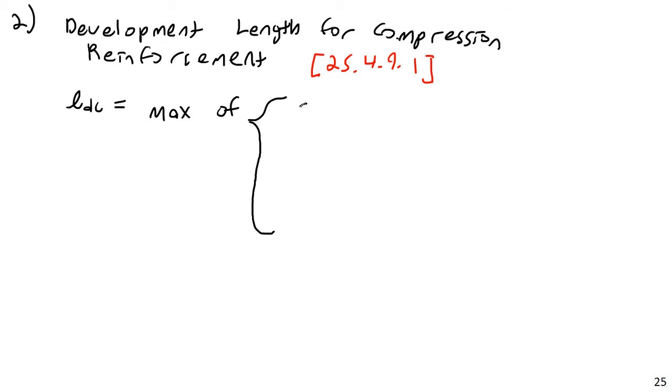The max of 8 inches, and then Fy times psi r, a different psi this time, divided by 50 times lambda times square root of f'c, all of this times the diameter of the bar, dB.